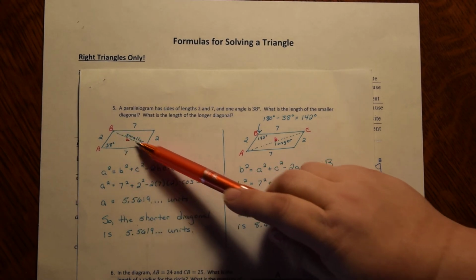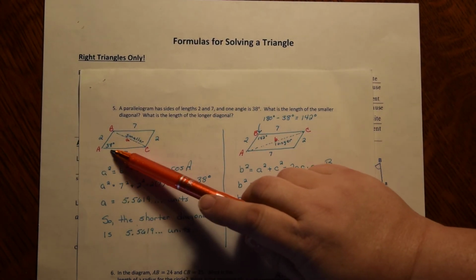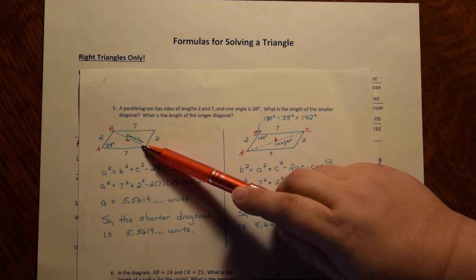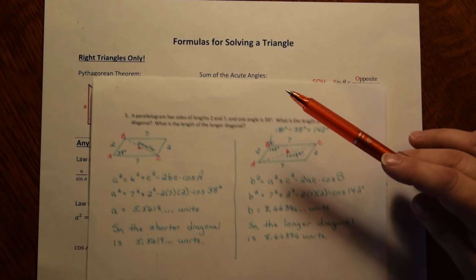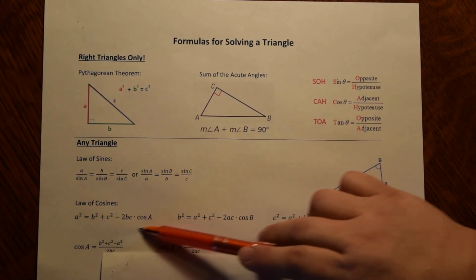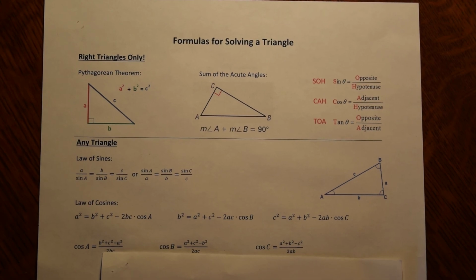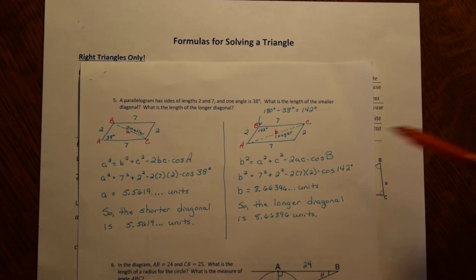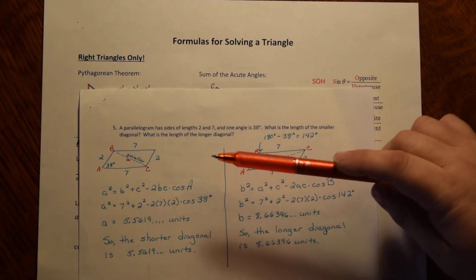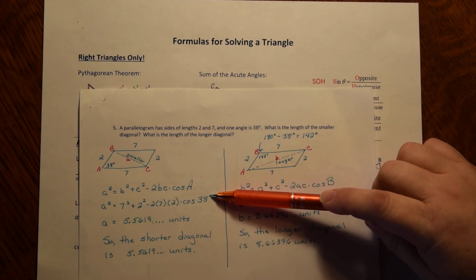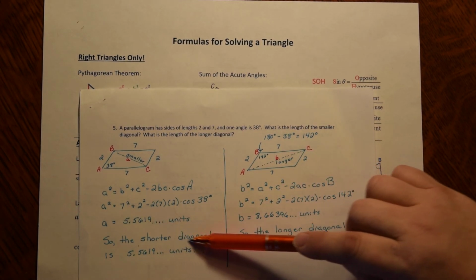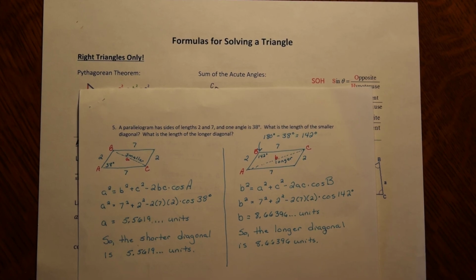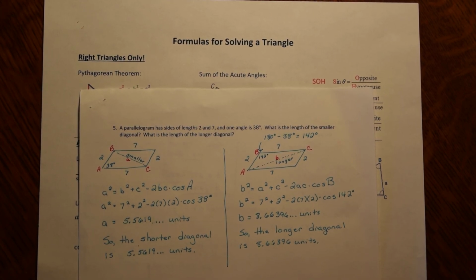And because of the way I labeled my points, the diagonal would be side A. And so we're going to use this form of the law of cosines. So I wrote that down, filled in the numbers, and I found that the shorter diagonal is 5.5619 and so on units, whether it's inches or centimeters or feet or whatever.